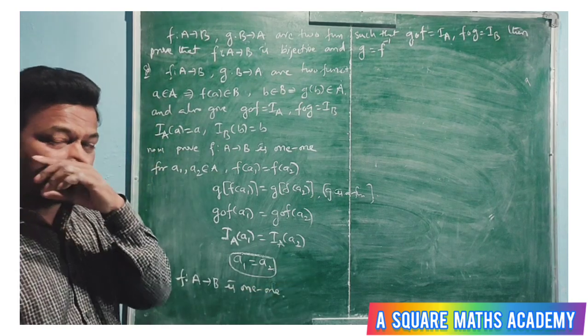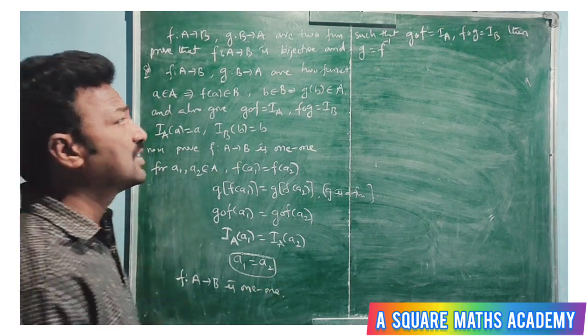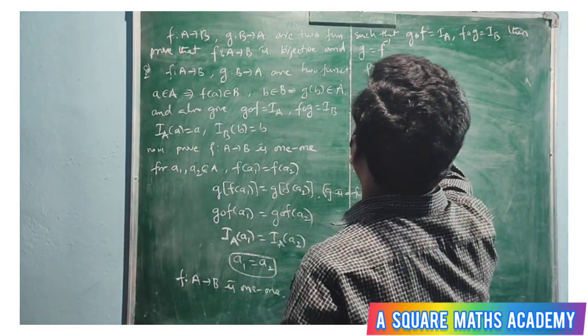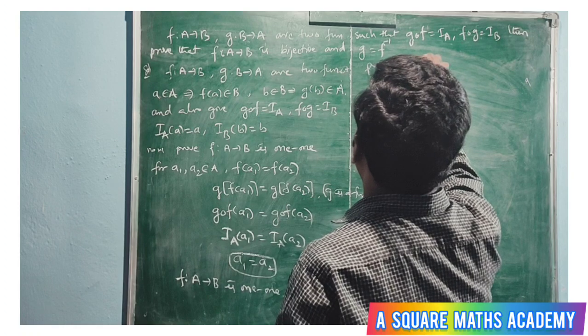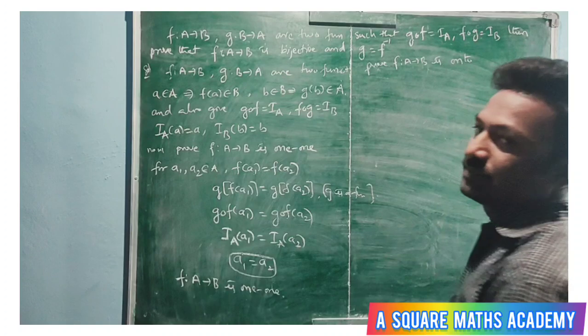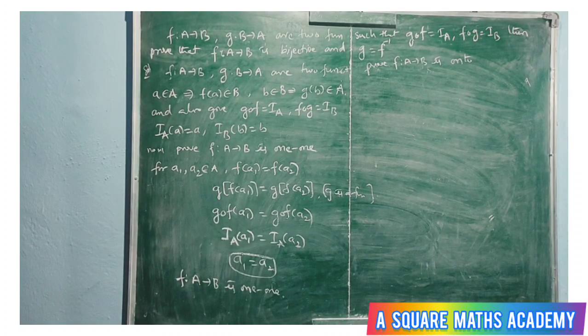Clear? So then after, what did we prove? f: A to B is one-one is proved. Now prove f: A to B is onto. Clear? So how to prove onto?